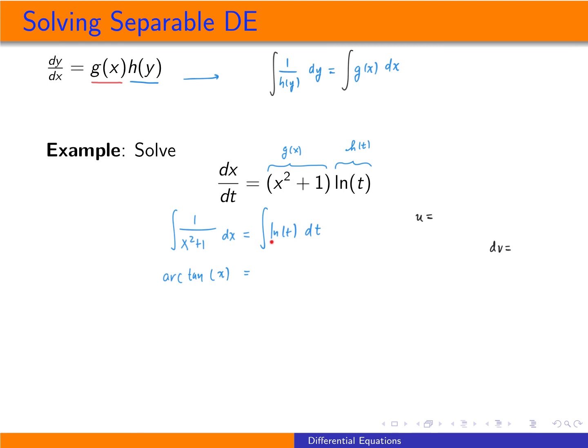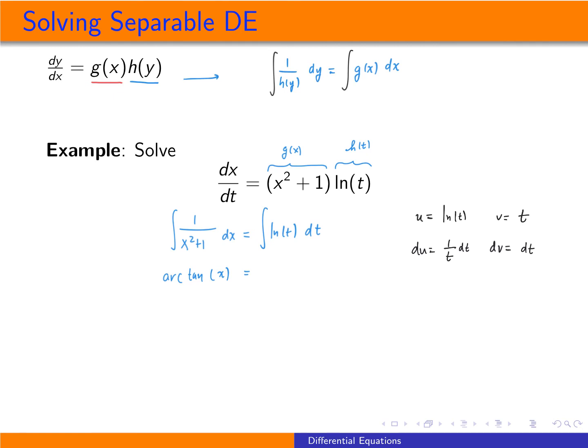So in our case, the natural log t can only go in that choice for u. So u would be natural log t, dv would be dt. And in this case, that leaves us with du being 1 over t, and v, the antiderivative of dt, is simply t.